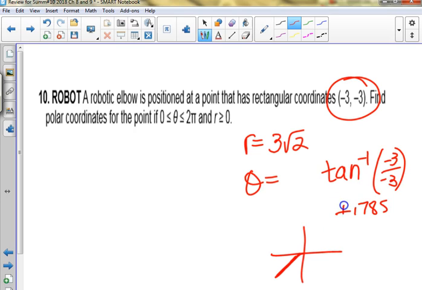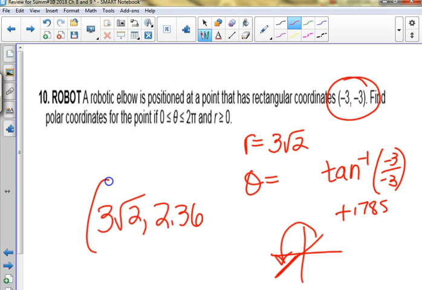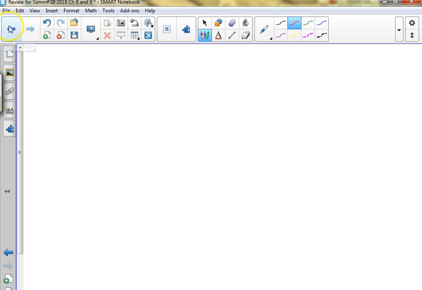Oh, this should have been positive. So I would have to add 180 to it, or in this case, pi. So this would turn out 3 square roots of 2 and 2.36. It does not have to be two different ordered pairs; you only have to give one answer for those on the quiz.